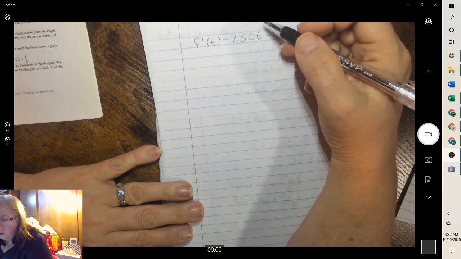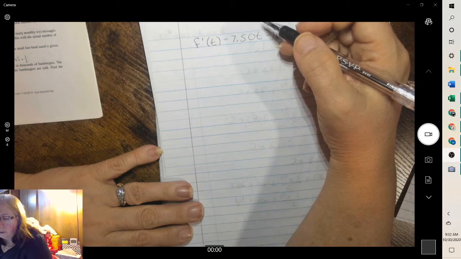And the function is in billions of monthly text messages.